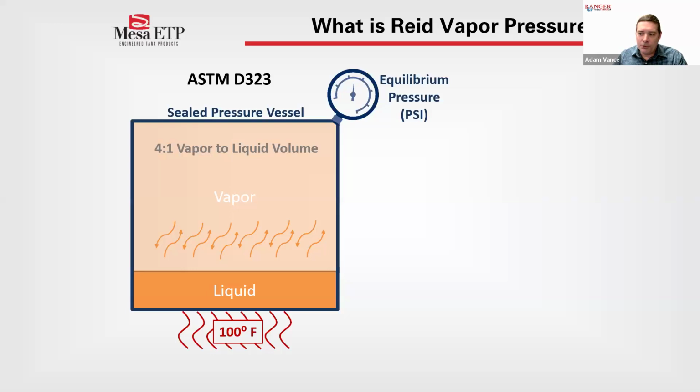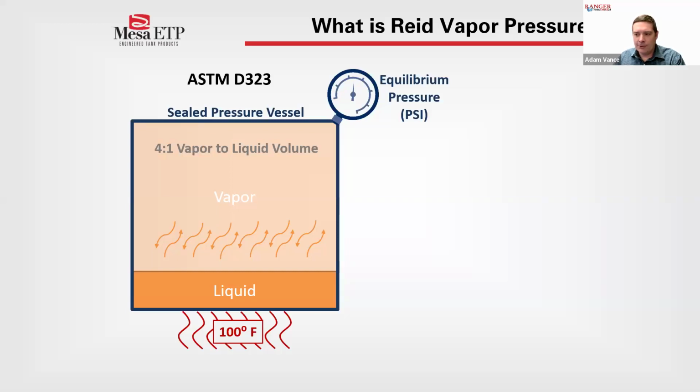So depending on which one you're interested in, each of these vapor pressures will hold a particular value to you in your analysis. So Reid vapor pressure is determined in a controlled environment with testing methods established by ASTM D323.